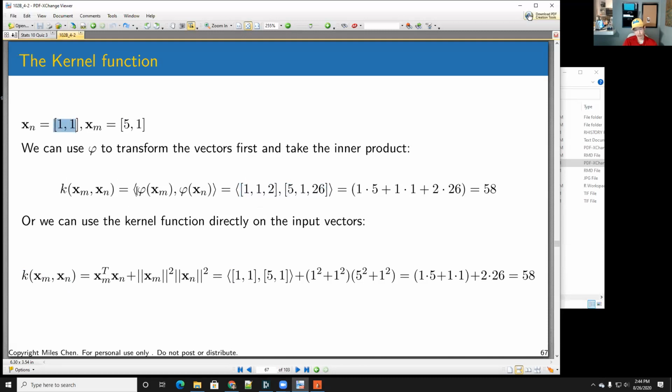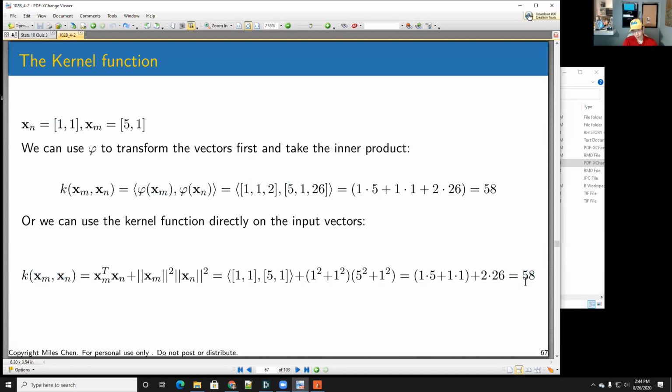I don't actually need to know what phi looks like, or what I'm going to get when I transform with phi. I can just apply the kernel function and get this number 58 directly.